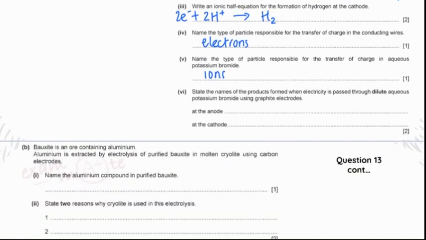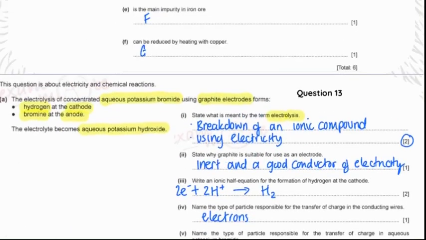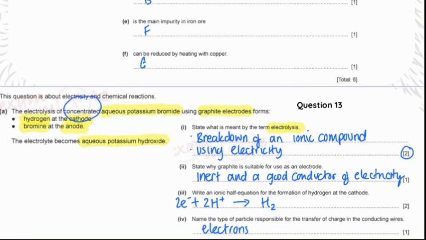State the number of products formed when electricity passed through the dilute aqueous potassium bromide using graphite electrode. So we're now doing dilute aqueous potassium bromide, whereas before we had concentrated. Now we know if there's a concentrated halogen present that it's the halogen that will form at the anode.